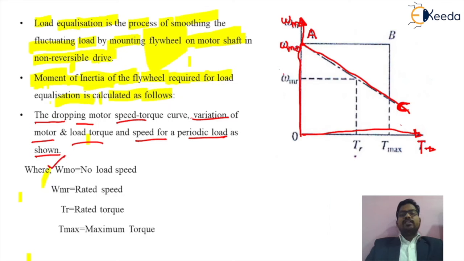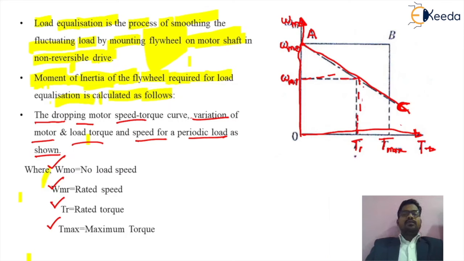Second is omega mr, the rated value of speed. Then the next term is Tr, the rated torque of your motor, and Tmax is the maximum torque of your motor. These are the very important parameters in concern with the dropping speed torque of your electrical drive.